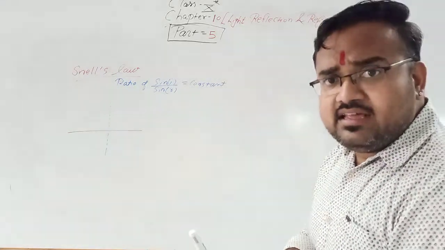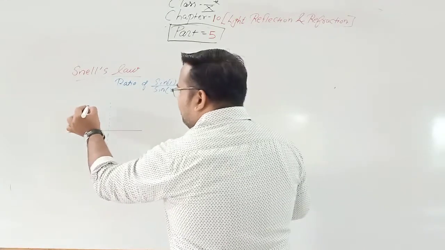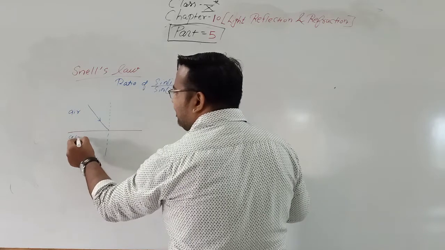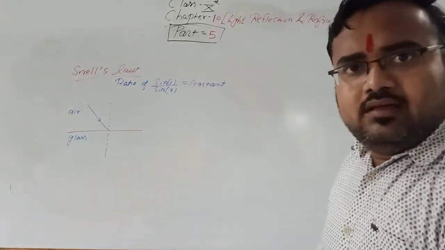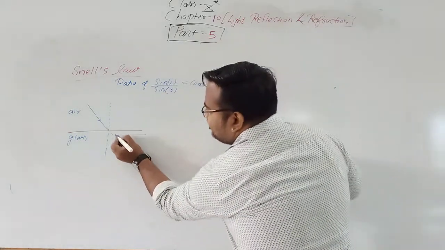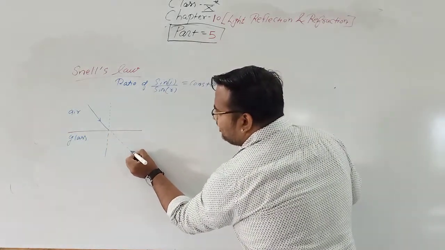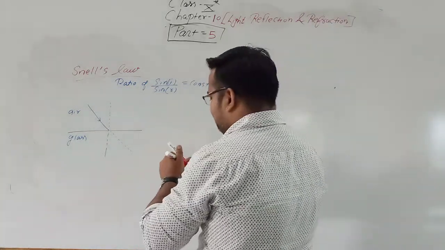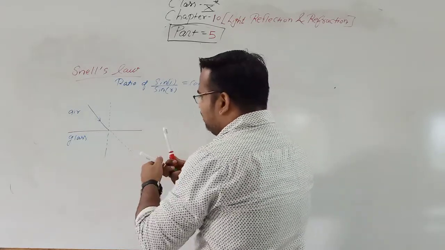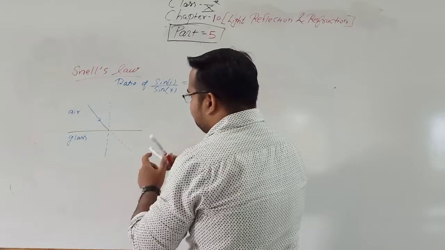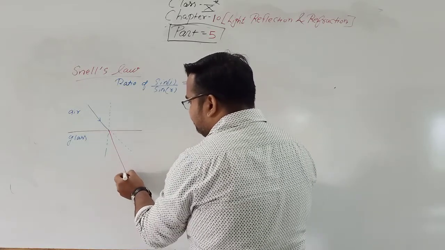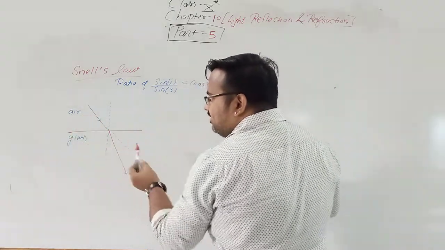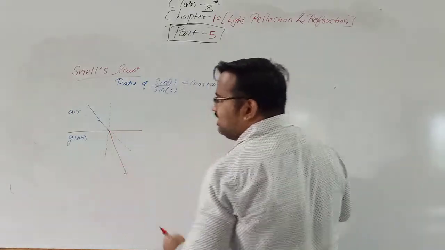Now if the incident ray travels like this from air to glass medium, according to our first law, this is the original path, but rarer to denser, it bends towards the normal. Clear?